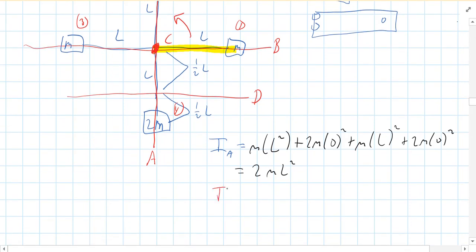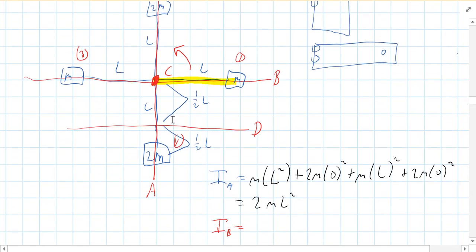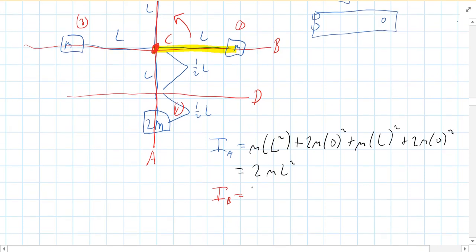So I sub B: if I look at B here, mass 1 is on axis B and mass 3 is on axis B, so they're going to be zeros for their distances. 2 and 4 are each L away from B. So what you're going to have here is m times 0 squared plus 2m times L squared plus m times 0 squared plus 2m times L squared.